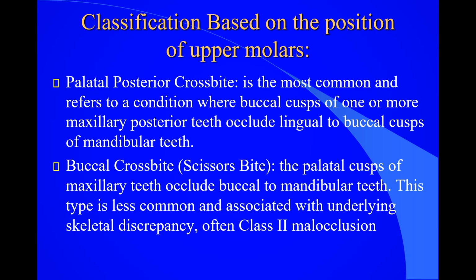And buccal crossbite or scissor bite: the palatal cusp of maxillary teeth occlude buccal to mandibular teeth. This type is less common and associated with underlying skeletal discrepancy, often class 2 malocclusion.